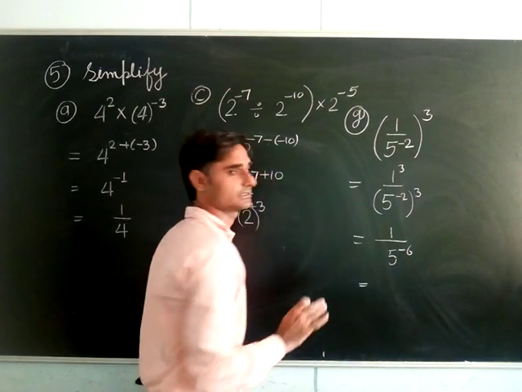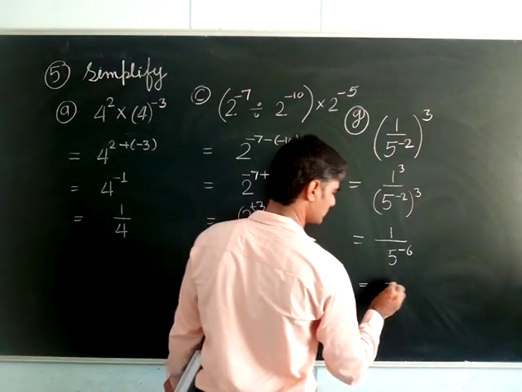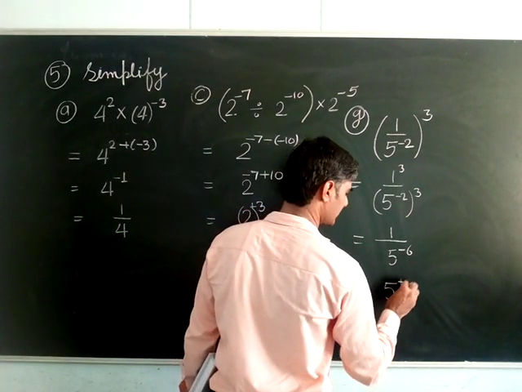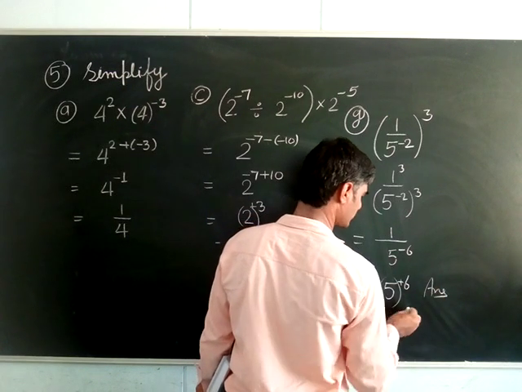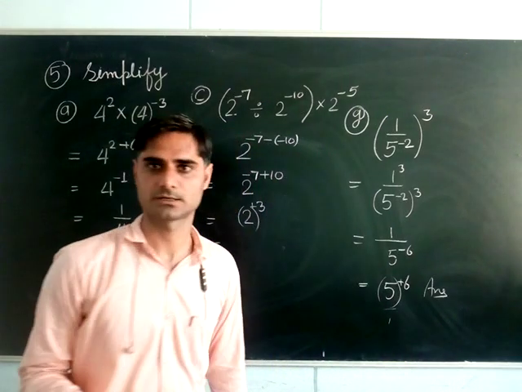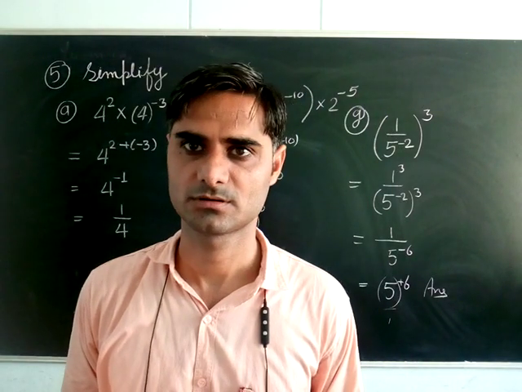If you take this to the numerator, the sign will change or not? So this will be equal to 5 power plus 6 only. And this is your solution. No need to write 1 in the denominator. This is the way to solve.